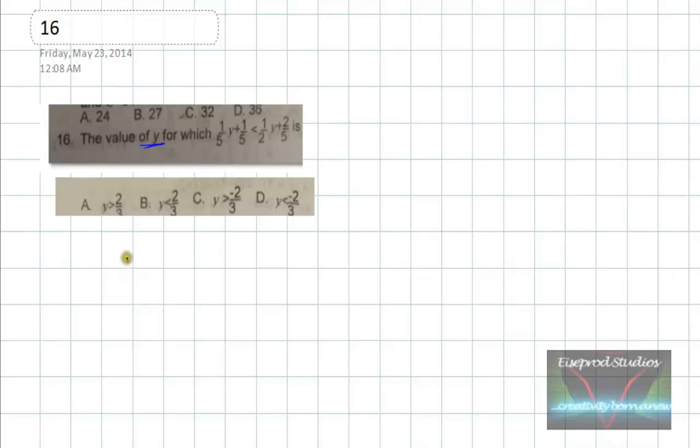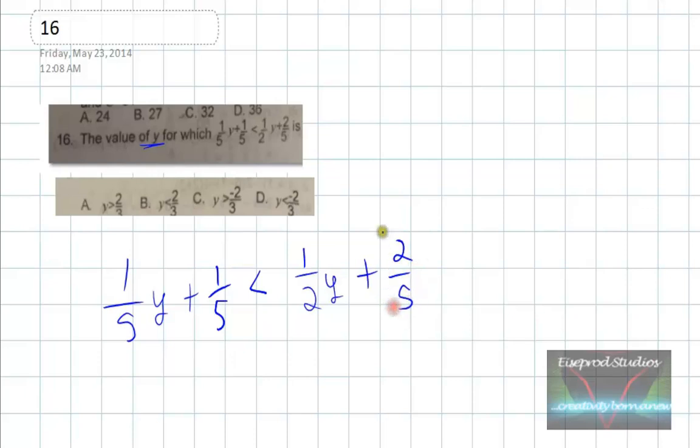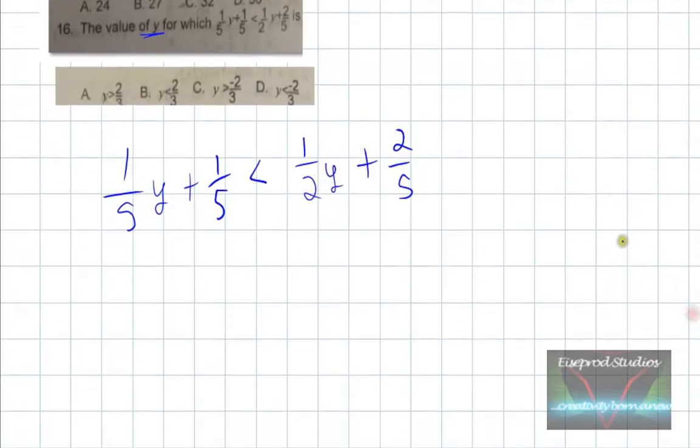So question 16 wants us to find the value of y. It just wants us to solve the inequality they have set out. So they have 1/5 y plus 1/5 is less than 1/2 y plus 2/5. The best way to go about this is to first find the least common denominator for all of these fractions so that they are much more easily comparable.